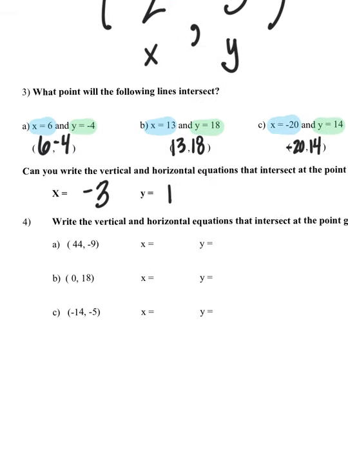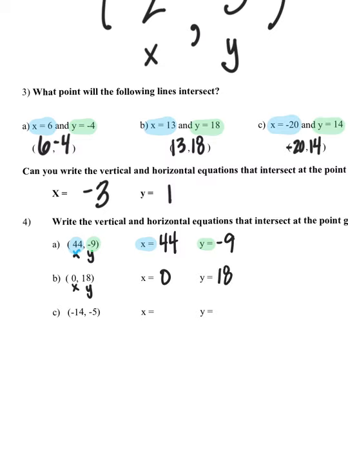So the point given is 44, negative 9, x, y. Our next one, 0, 18: x equals 0, y equals 18.